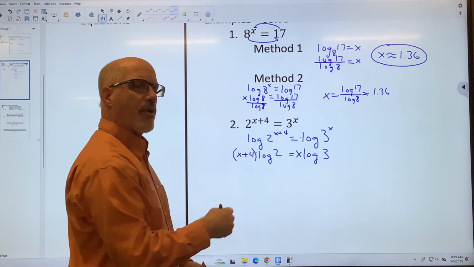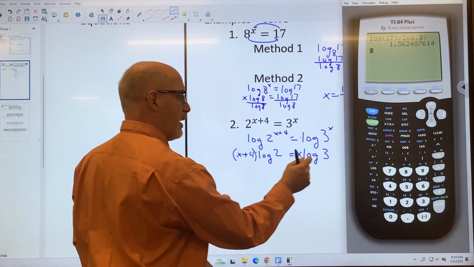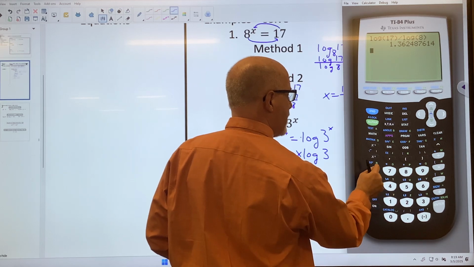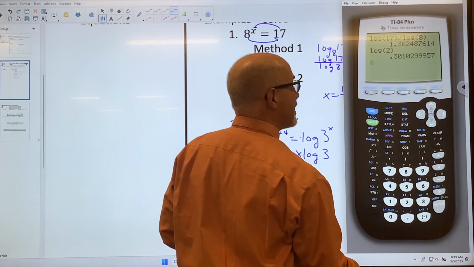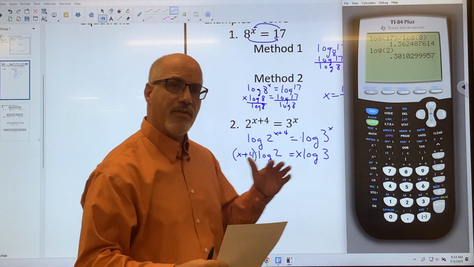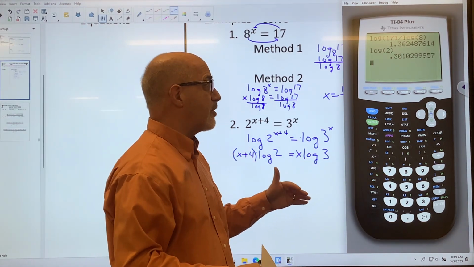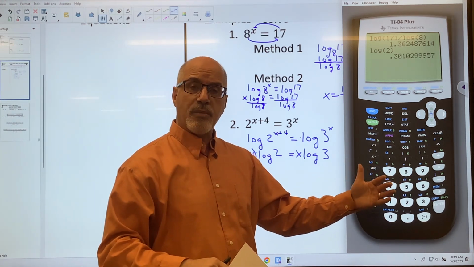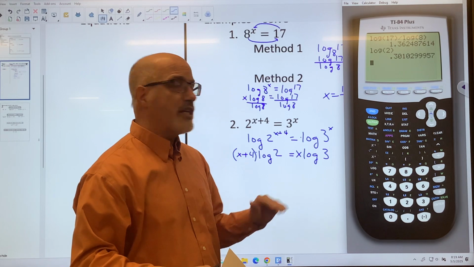Now I'm going to do an approximation of log of 2 on my calculator and get a decimal for that. I'm going to put it out to several decimal places past where I want to round my final answer. That's to allow the rounding not to change my final answer.